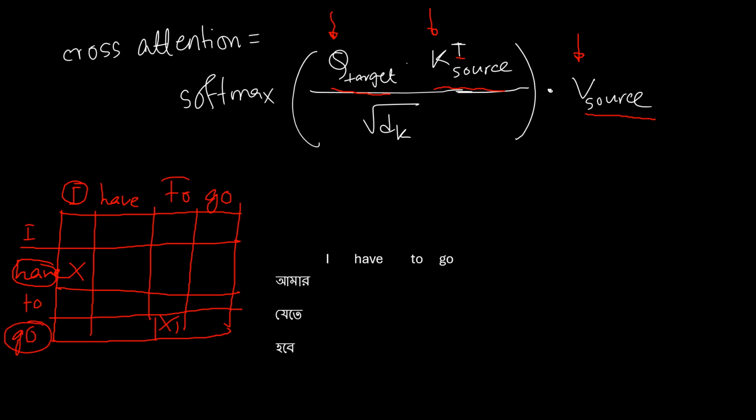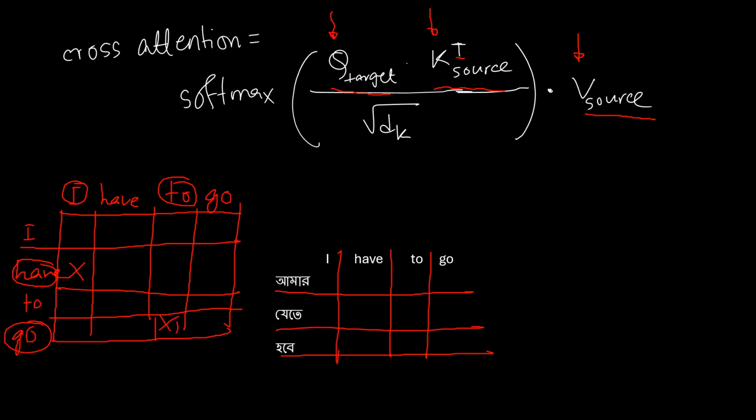Now in cross attention, we have two sentences or two embedding matrices. Here, the source has 3 words and the target has 4 words, so the output matrix will be a 3x4 matrix. And what did the first element mean here?